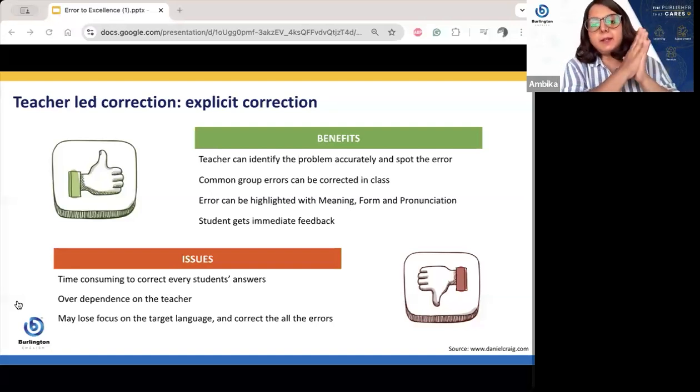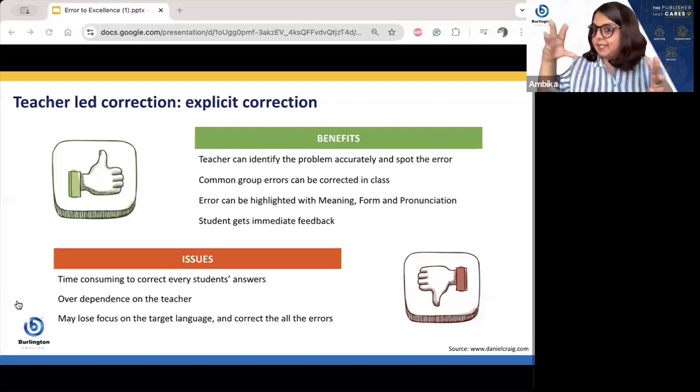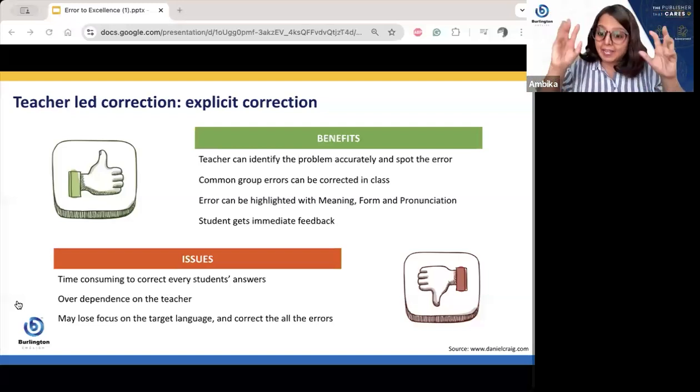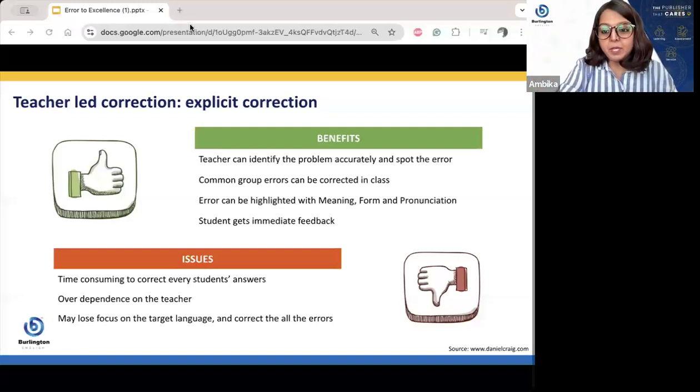Suppose I'm taking a class on possessive pronouns, and I've seen errors in possessive pronouns, but there are errors in the tenses also. So immediately my attention would go into correcting the possessive pronouns and tenses. So what happens is we just flood them with corrections. So that could be a little bit of a problem. So there we need to address what is really required.